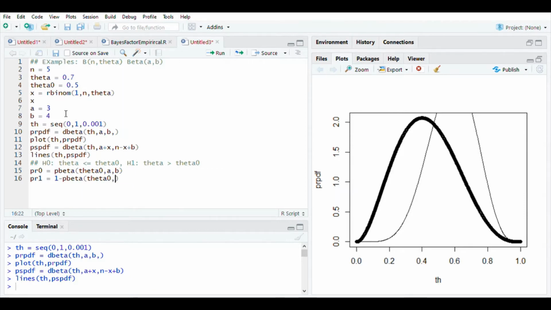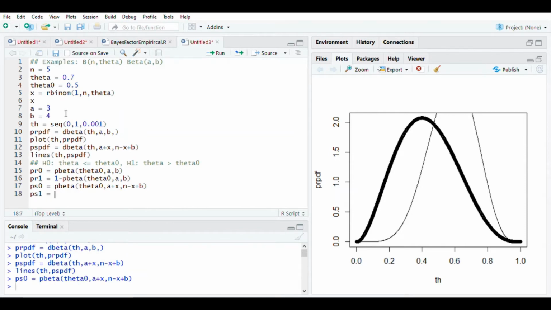Now the posterior probabilities of H naught and H1. I am storing them as PS0. So it will be pbeta at theta naught with parameters a plus x and n minus x plus b. So these will be the parameters, and PS1 will be simply 1 minus PS0.